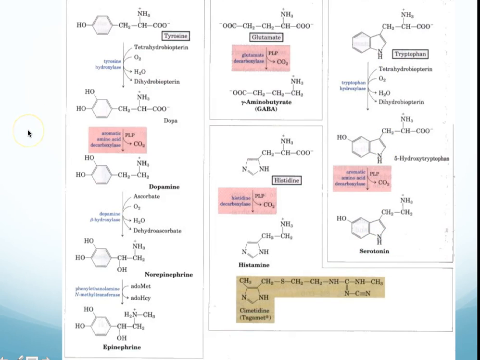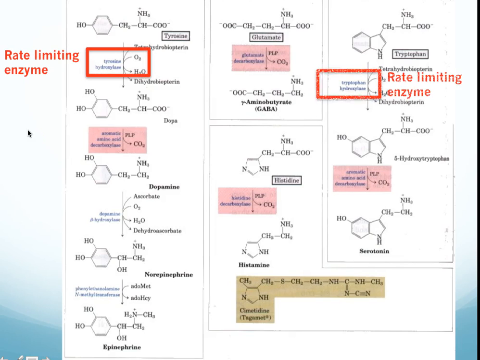Now, what's important to remember is that just like in chemistry, there are rate-limiting steps. A lot of times we talk about the importance of rate-limiting enzymes in neurotransmitter biosynthetic pathways. Sounds like a mouthful, sounds important, but it's not that complicated. What it means is that we're building a neurotransmitter through a series of chemical reactions. That's a biosynthetic pathway.